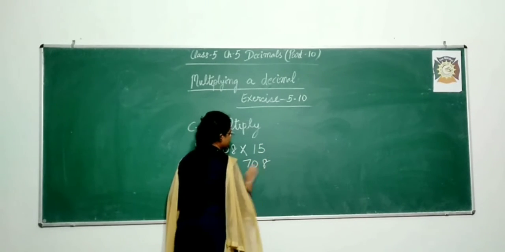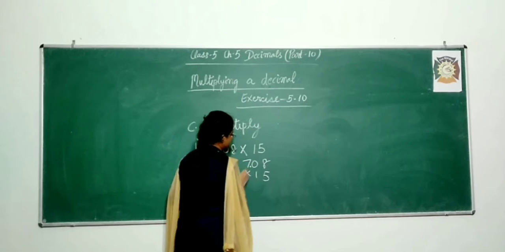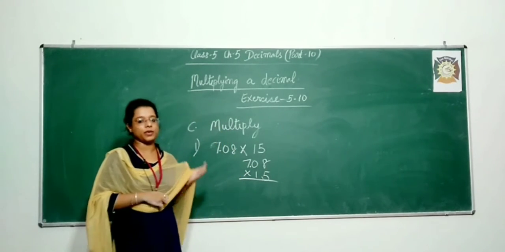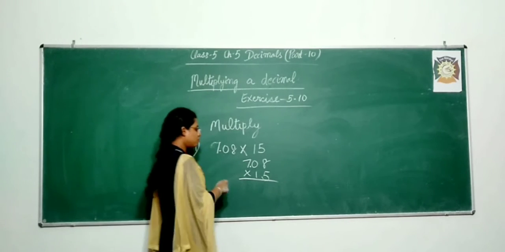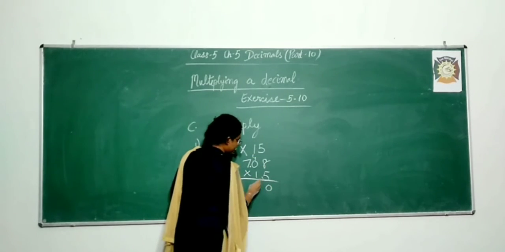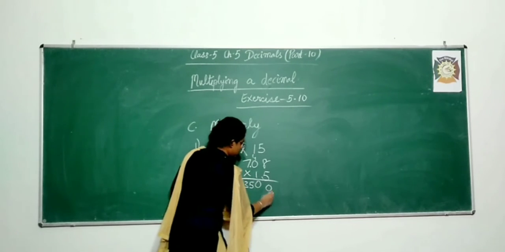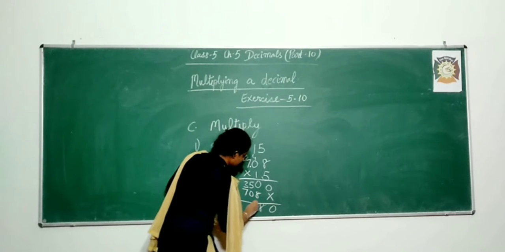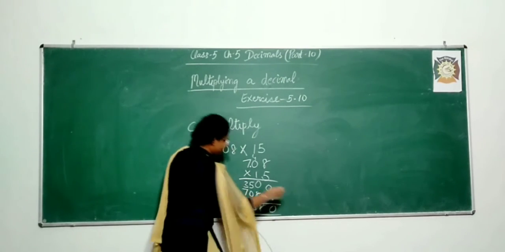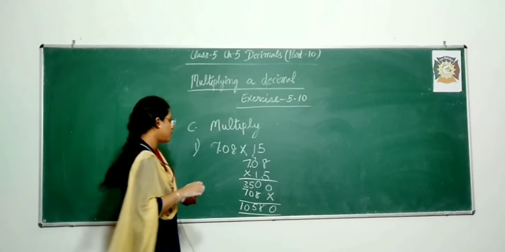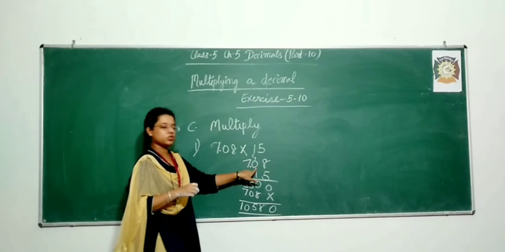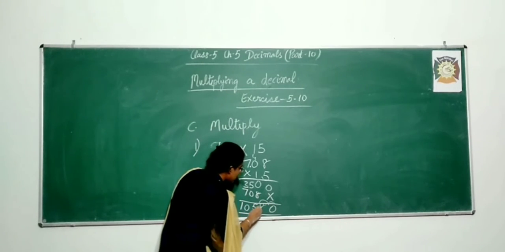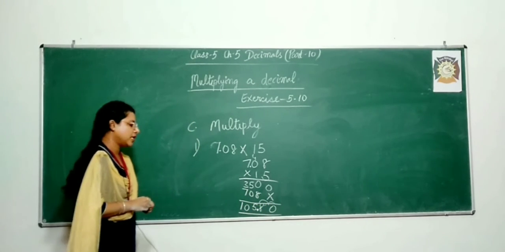You will multiply 708 with 15 and you will place a decimal point at two positions moving from the right to make the product a two decimal place number. 8 5s are 40. You are getting the answer 10620 and you are going to place a decimal point after two positions moving from the right in the answer. So the decimal point will take this position and your answer will be 106.20.